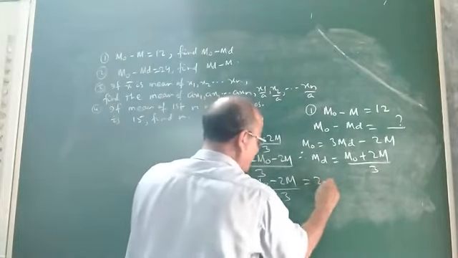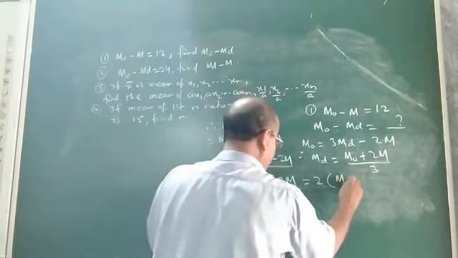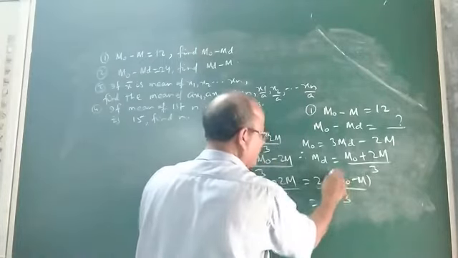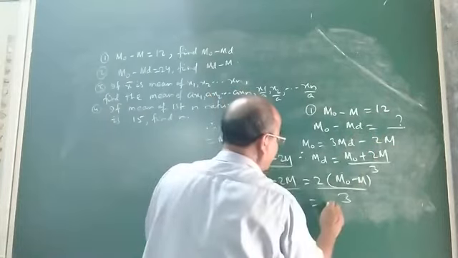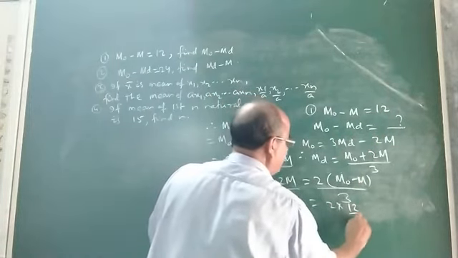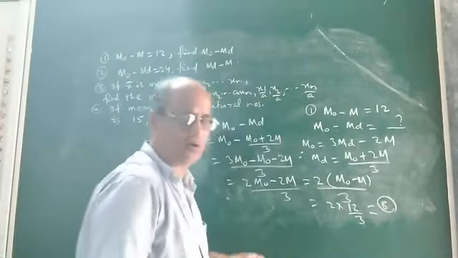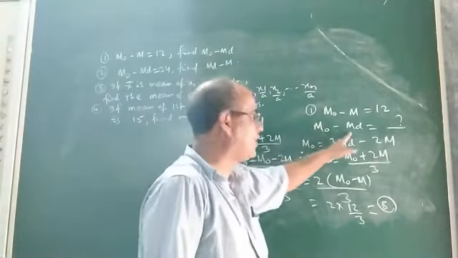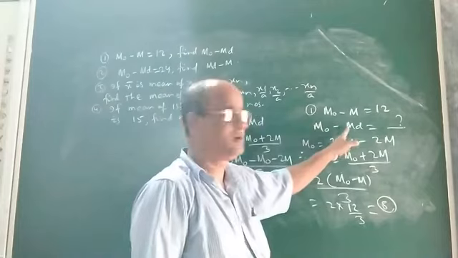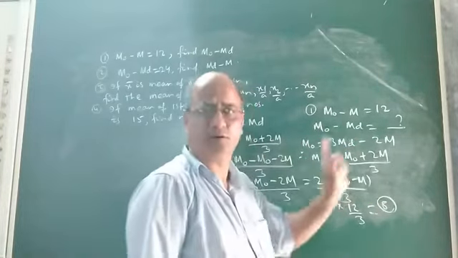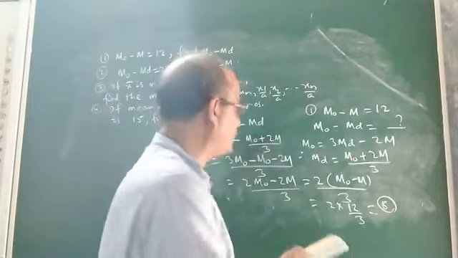Take 2 common: 2 into (mode minus mean) divided by 3. The value of mode minus mean is 12, so 2 into 12 by 3 is 8. So the difference between mode and median of the series will be 8 if the difference between mode and mean is 12. In this way you will do this one.